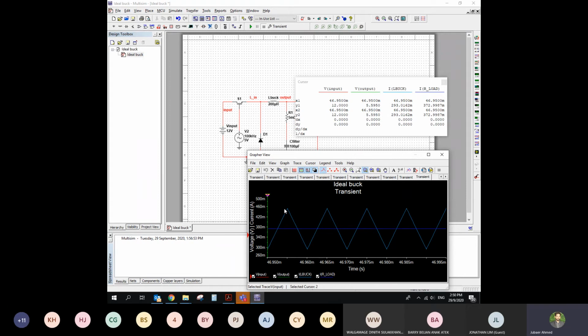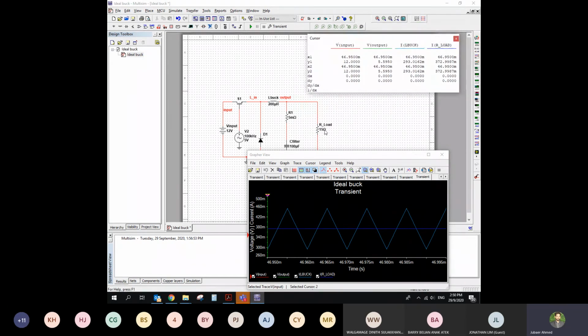So you can see the value of the load has a significant impact on our inductor current and the output current, because the output current and inductor current are definitely related: whichever current flows through the inductor will pass through the output as well. But the peak to peak ripple will remain constant. This means the value of the load does not have any impact on the peak to peak ripple.